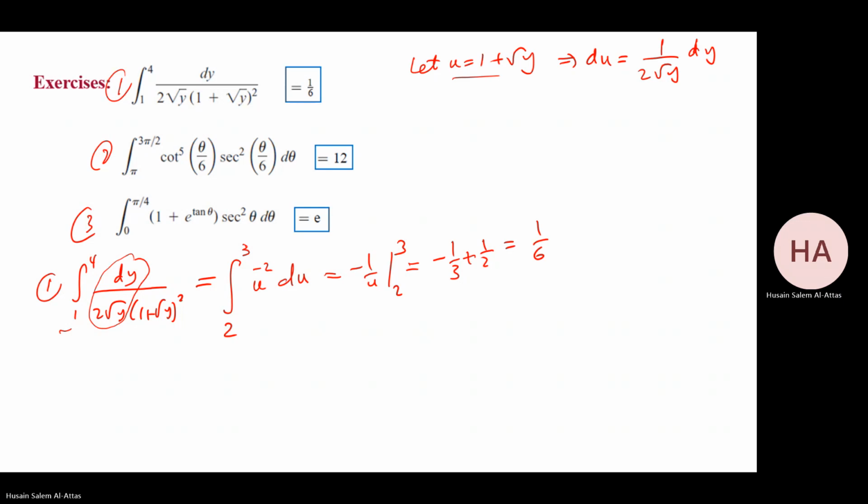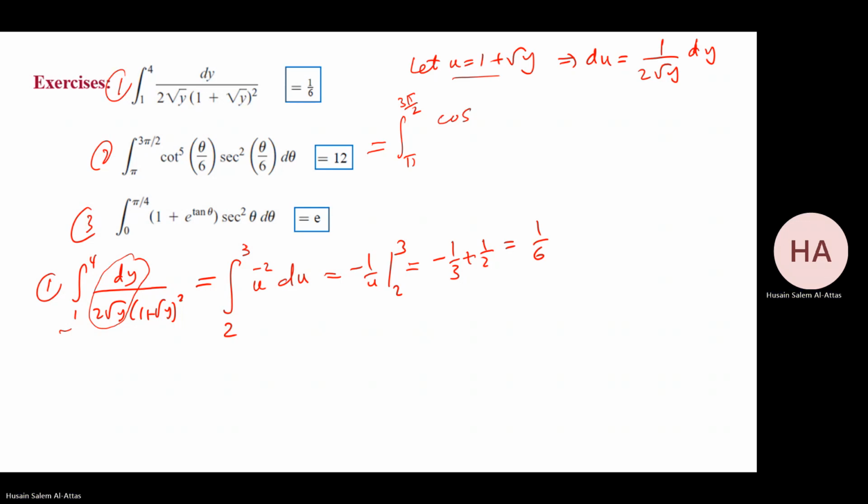Yeah, maybe I can rewrite this one, the integral from pi to 3 pi over 2. Sometimes it's good to change everything in terms of cosine and sine. If you do that, you are getting cosine to the power 5.